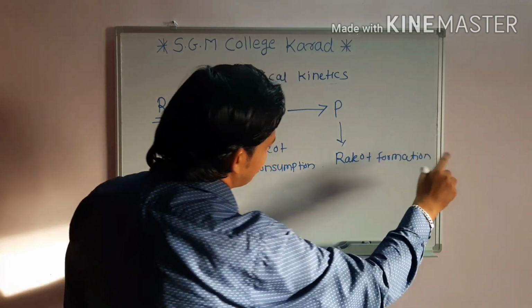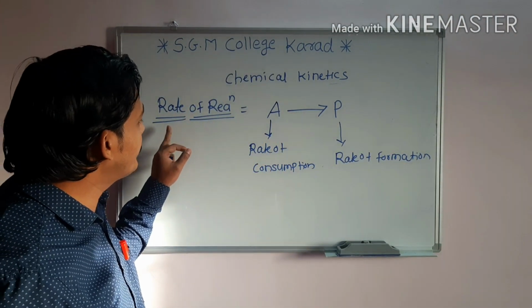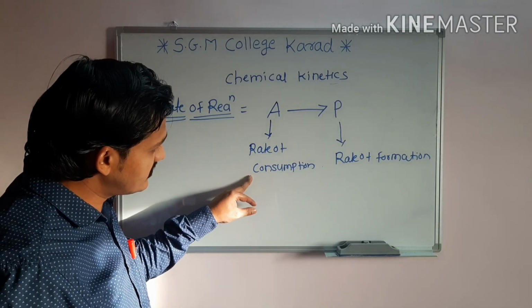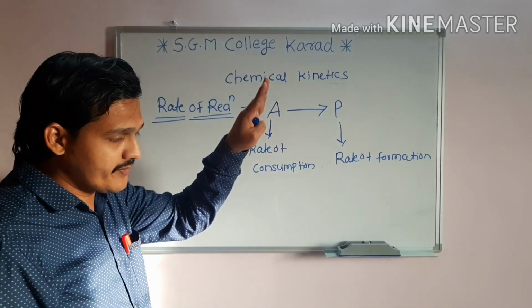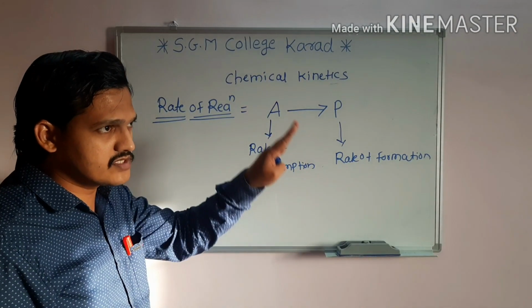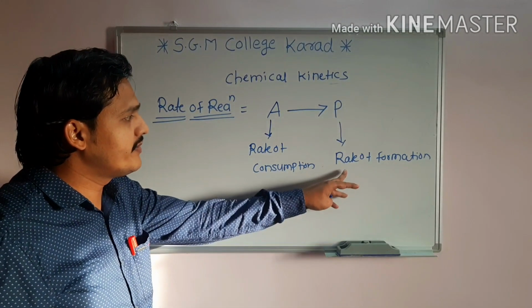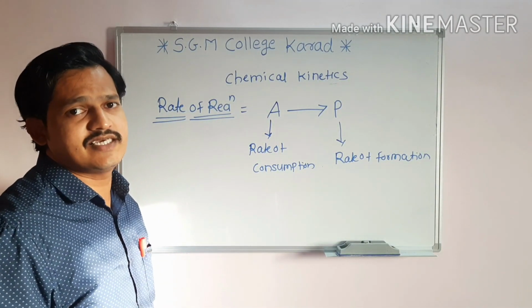Reactants are consumed and product is formed. So ultimately we have to write rate of reaction in terms of rate of consumption of reactant and rate of formation of product. Rate of consumption of reactant means the concentration of reactant decreases and rate of formation means the concentration of product increases.